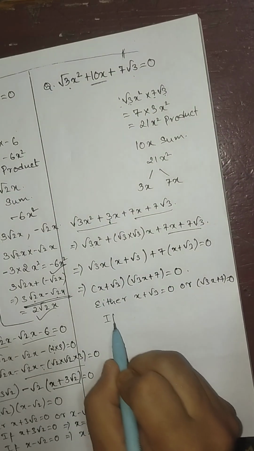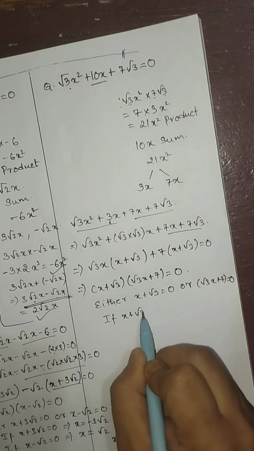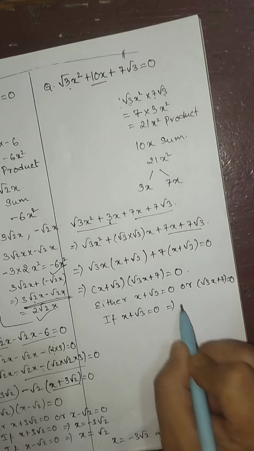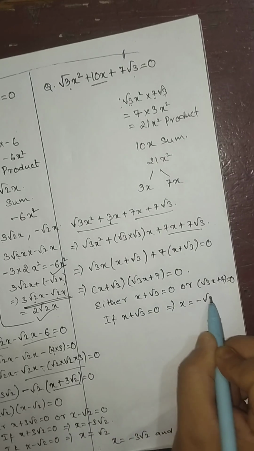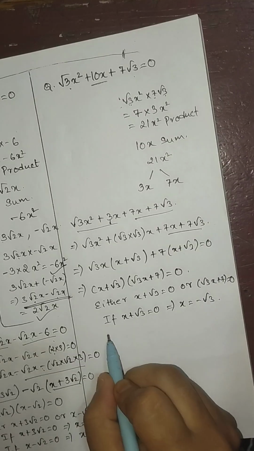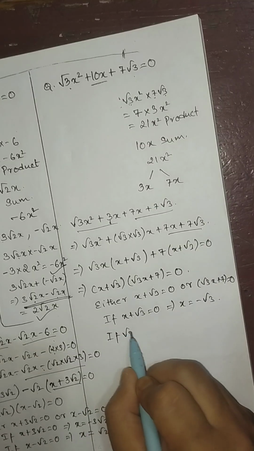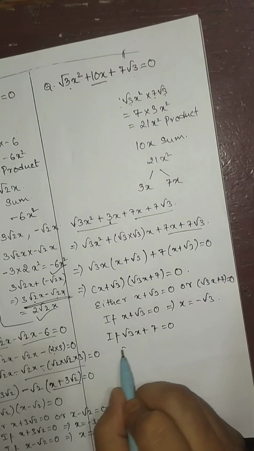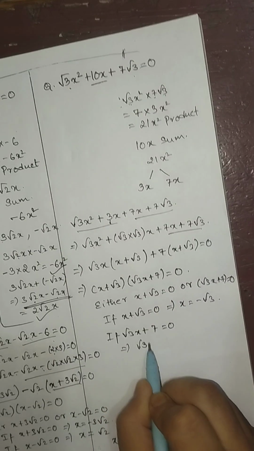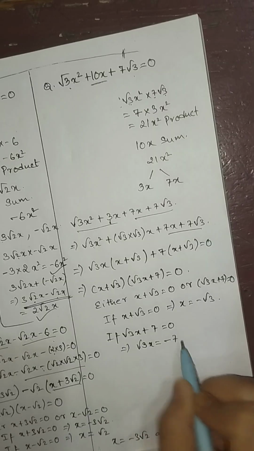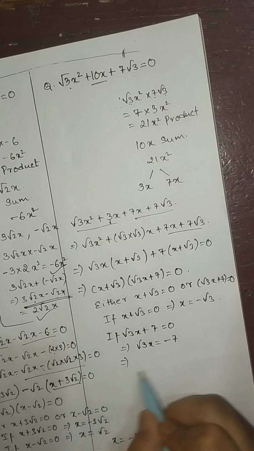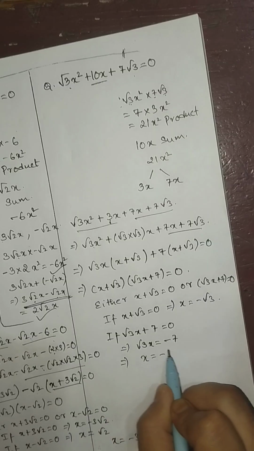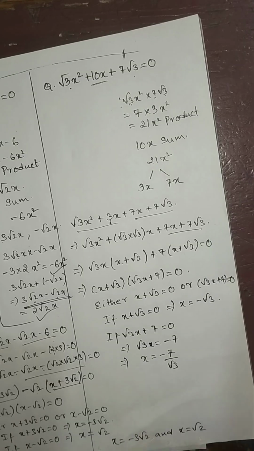So if x plus root 3 equals to 0, this implies x equals to minus root 3. Okay. Now next, if root 3x plus 7 is equal to 0, this implies root 3x will be equal to minus 7. After transposition, the sign changes. Then we have x equals to minus 7 by root 3. Okay, 7 by root 3.